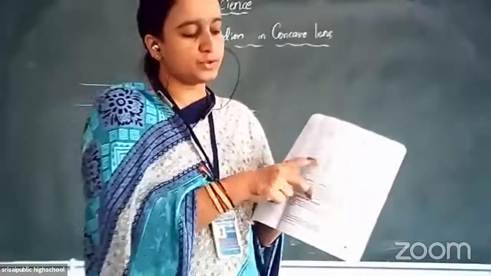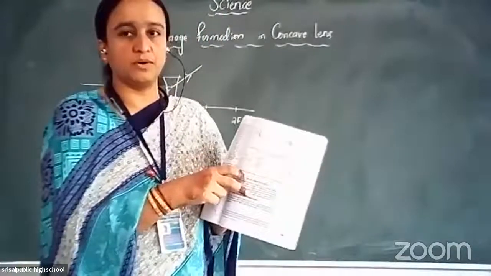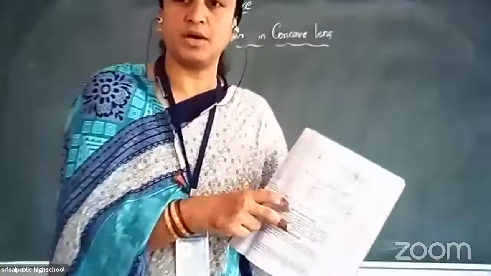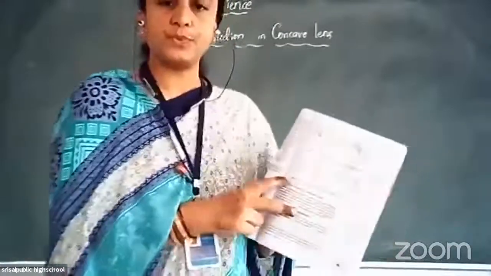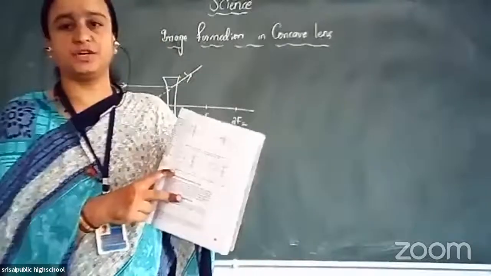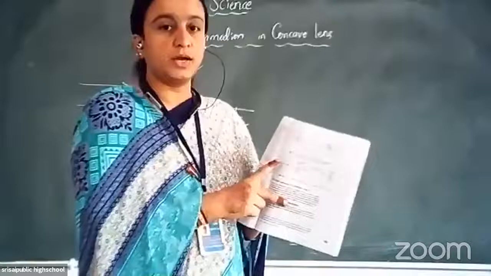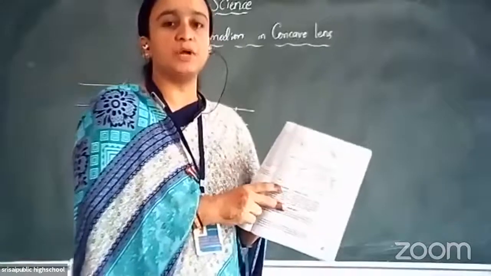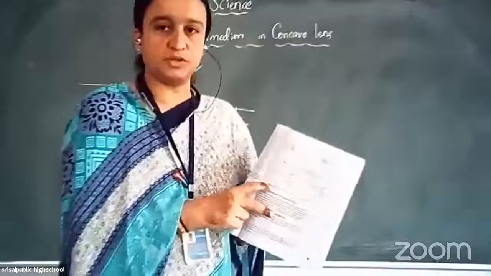Don't get confused with figure numbers given above and below. Always the figure number is given below the figure. So wherever I have mentioned a figure number in your notes, observe the figure number every time below the diagram.